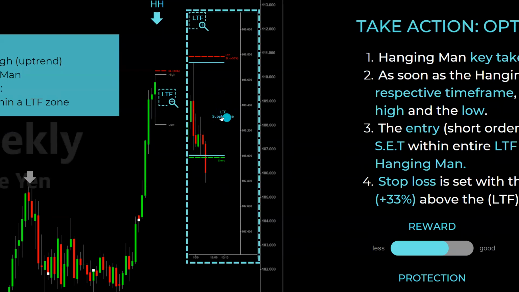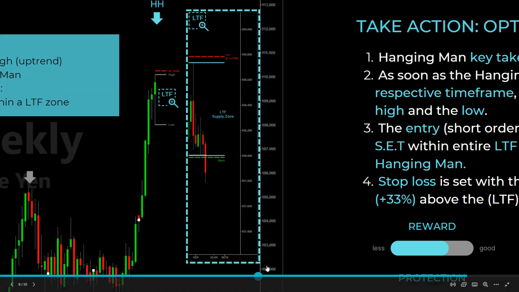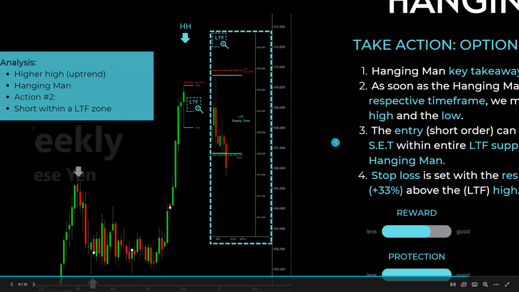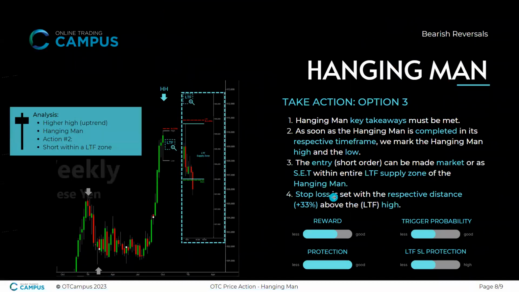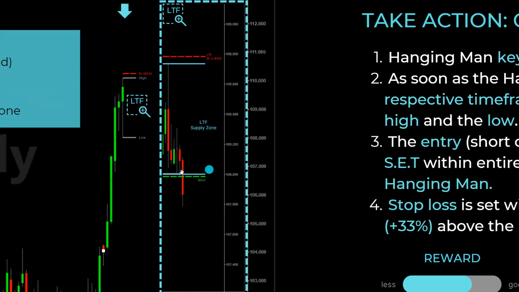We created a supply zone, and then, for example, we drop to 107.400, and then maybe we come back to your zone. We have filled this area here. You filled the supply zone, you filled more unfilled selling orders, and then you will see another drop. The entry will be your lower time frame proximal line, wider or preferred, up to you.